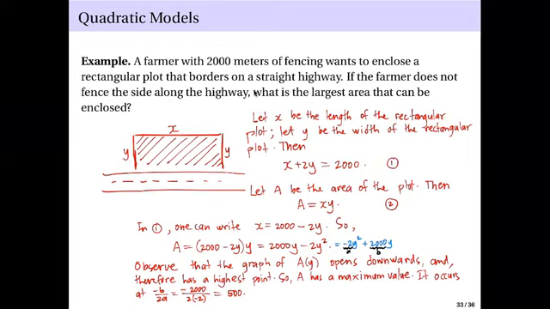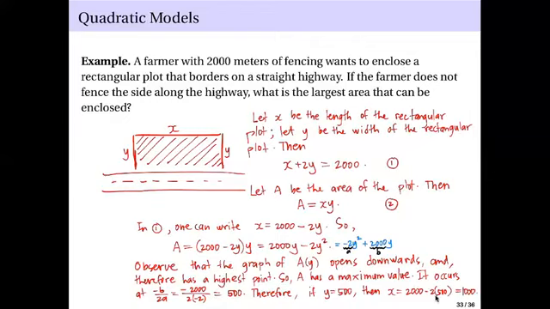And we want now the largest area. So we want the actual value of A. Therefore, if y is equal to 500, then x equals 2000 minus 2 times 500. 2 times 500, that's 1000.